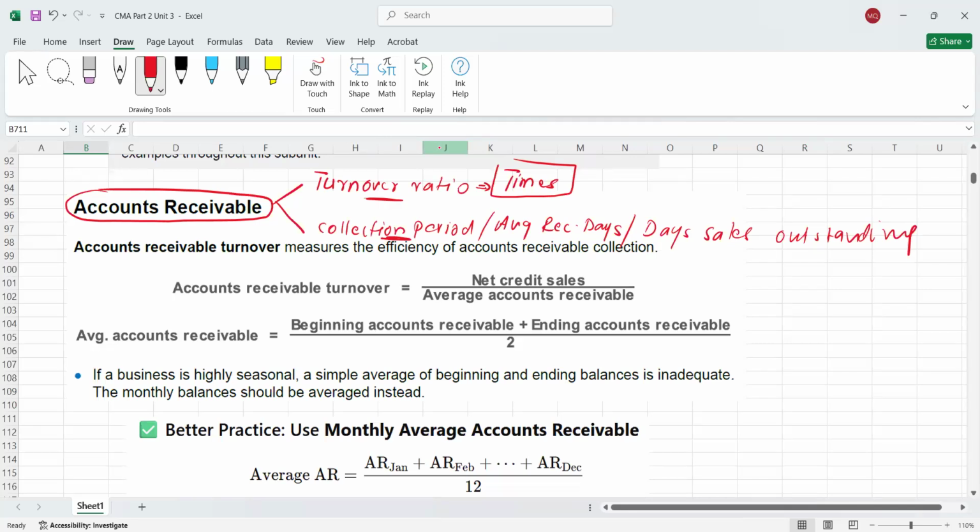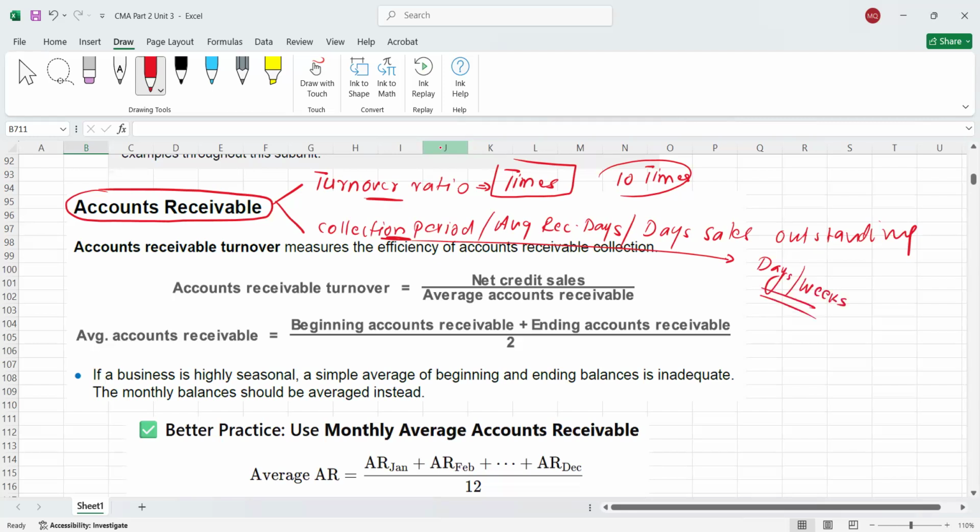If the answer is 10 times, it shows that 10 times you collected cash from the customers in a specific period, or 10 times your receivables were converted to cash. This is turnover.